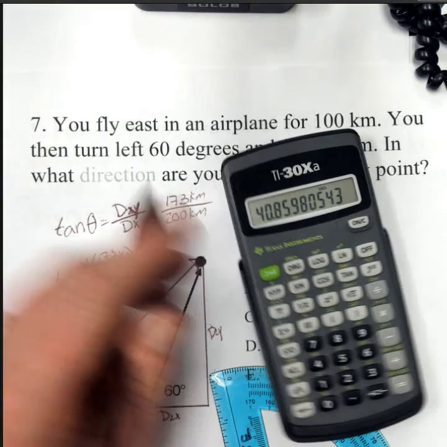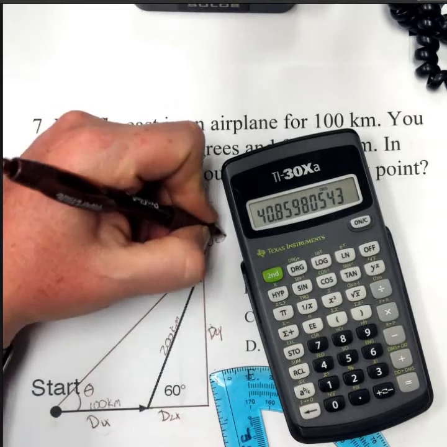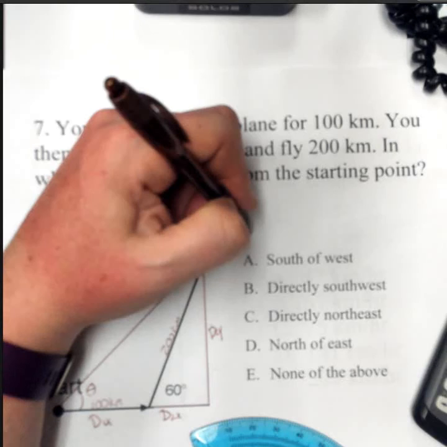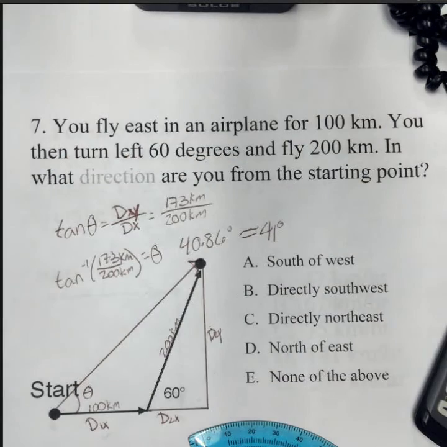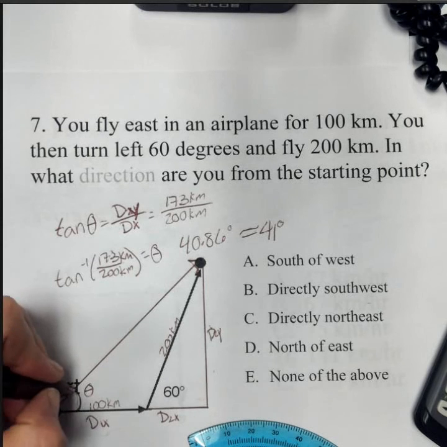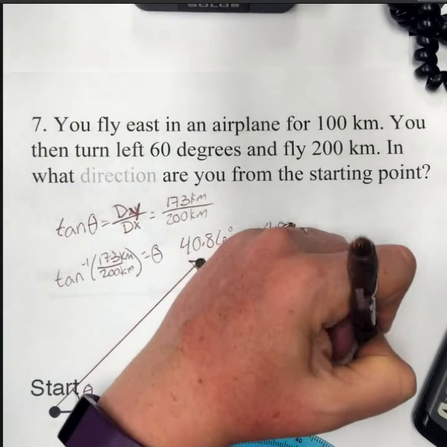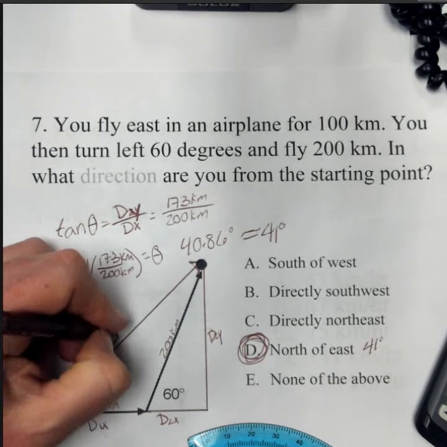It should be 40.86 degrees. Round that to correct significant figures, and we'd have approximately 41 degrees. And that direction is going to be 41 degrees north of east, D. Alright, and we can actually give it that value because we know that that's the direction that that displacement happened in. That's our total displacement vector.